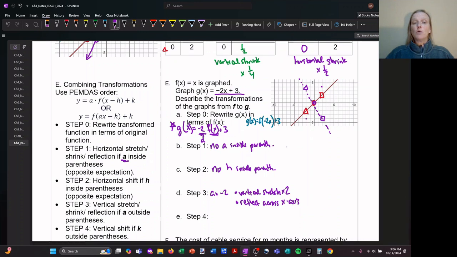Moving on to step 4, that tells me to do a vertical shift if there's a k, if there's an addition portion outside parentheses. And there is, we add 3 outside parentheses. So k equals 3. And so there's going to be a vertical shift up 3.